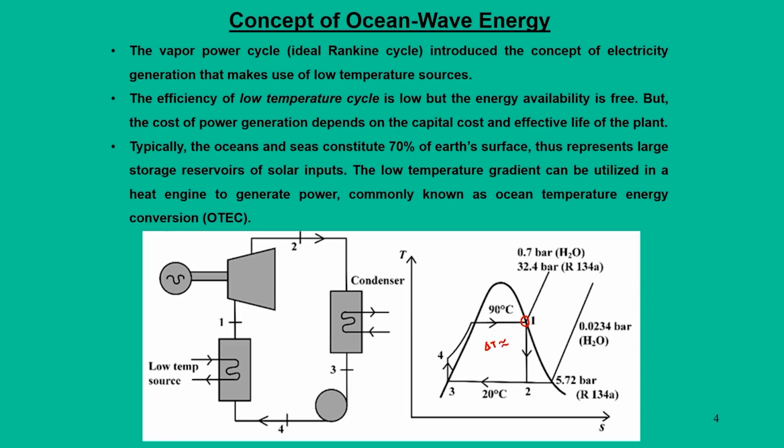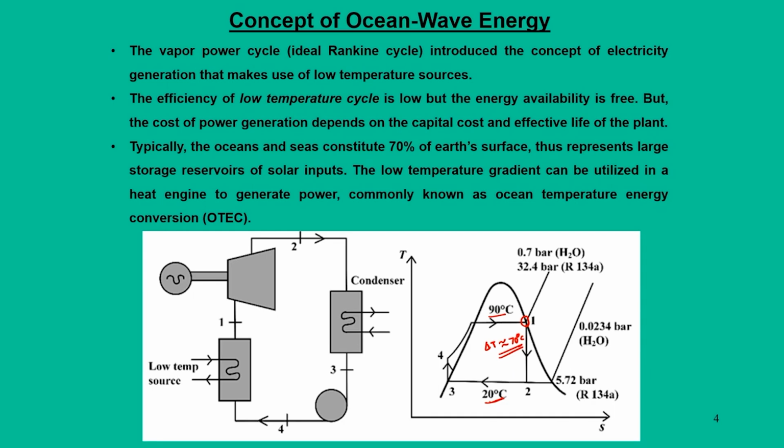That means, in this case it is 90. At this point, if your saturation temperature is 90 and condensation occurs at 20 degrees centigrade, delta T is close to 70 degrees centigrade. But still this difference could possibly be lower than that.